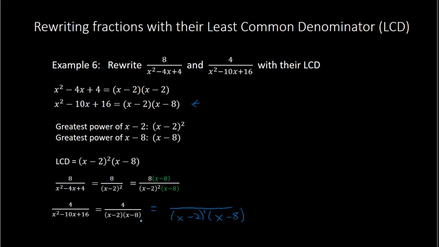So the question is, what am I multiplying the original fraction by to get to this new denominator? Well, what is changing? We started with 1 x minus 2. Now we have 2 x minus 2's. So that means I had to multiply by an x minus 2. So I do the same thing to the top. I take the 4 and multiply by x minus 2 as well. So my second fraction would look like this: 4 times x minus 2 over x minus 2 squared times x minus 8.